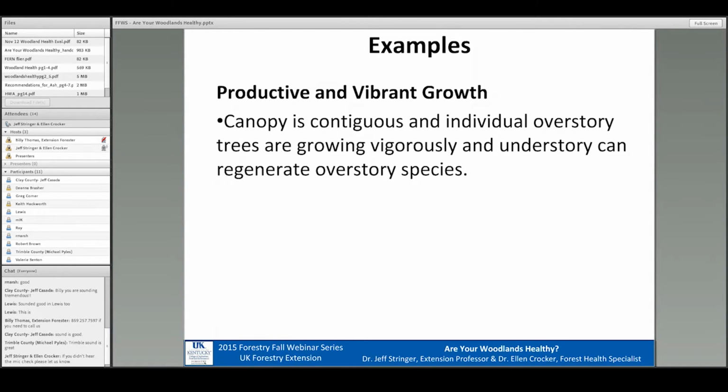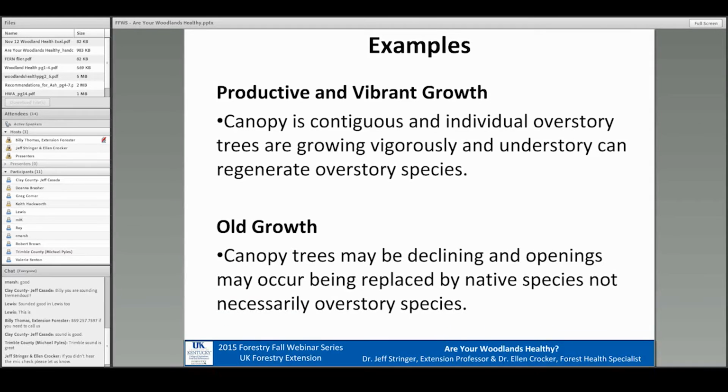However, there may be some of you who take another view of your woodlands and the objectives for them. You may be trying to grow old growth, or you may be saying, hey, whatever Mother Nature does as far as growth and development of that woods over time, I'm fine with. So you might have an old growth objective, for example. In the case of old growth, you may get, and in fact will get, major large canopy trees that could be in decline.